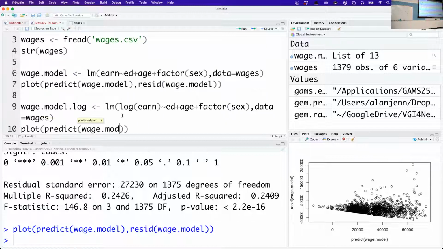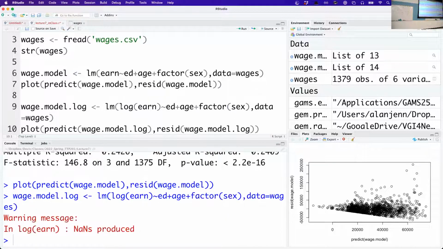This is more of a walkthrough of how I might try and deal with these residuals. So in some cases you have some NAs.